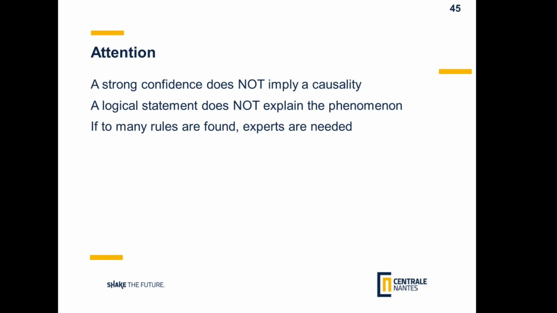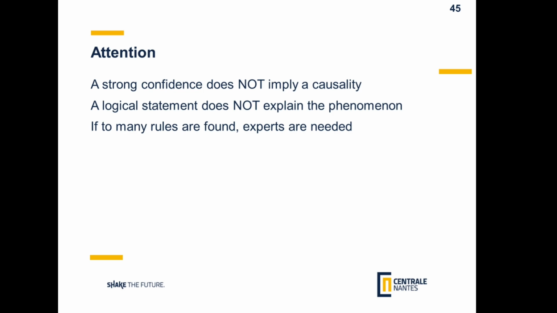You have to be careful about some specificities of these association rules. A strong confidence in association rules doesn't mean that there is a causality between the two phenomena. It does not explain why the two phenomena are being observed at the same time.